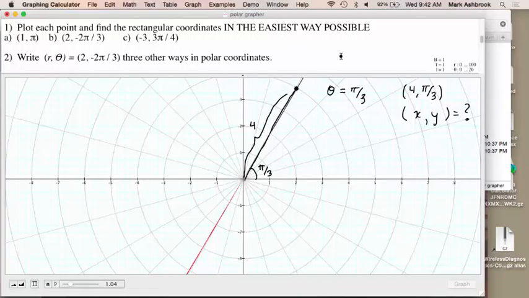Figure it out. As a hint, it's just a matter of basic trig to get x and y.